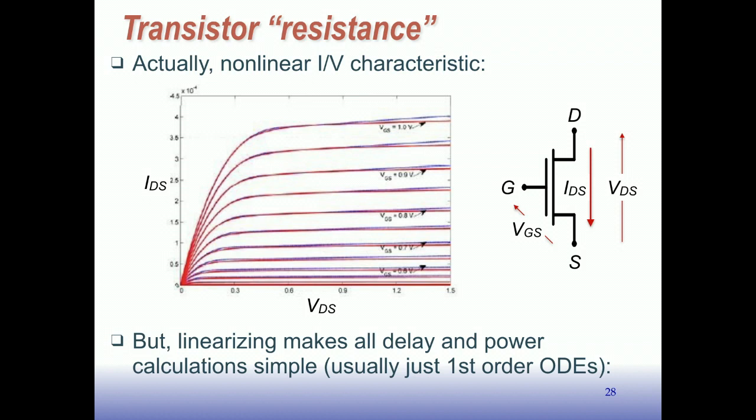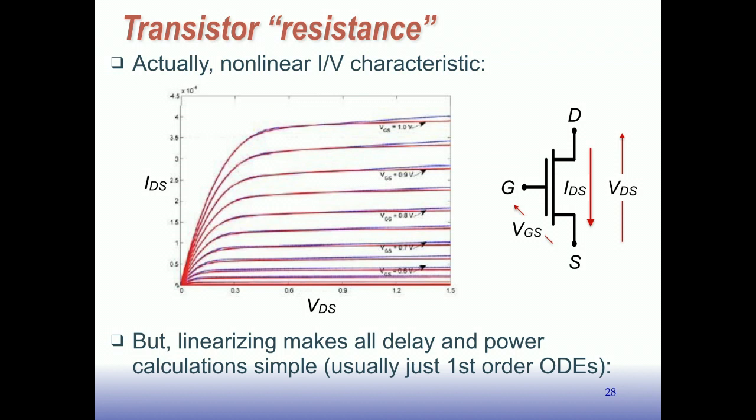When we say it's a resistor, when we make that approximation, we're saying that one of these curves, pick whichever one, let's say the top one, is not shaped like that, it's shaped like a straight line. Because a resistor on this plot would be a straight line. The current would be directly, linearly proportional to the voltage, but it's not.